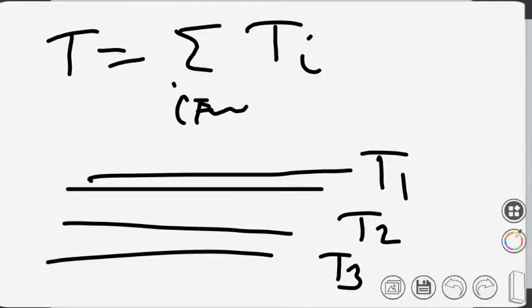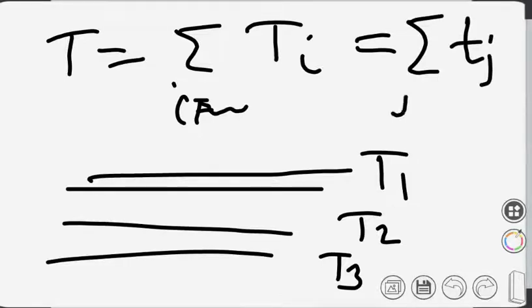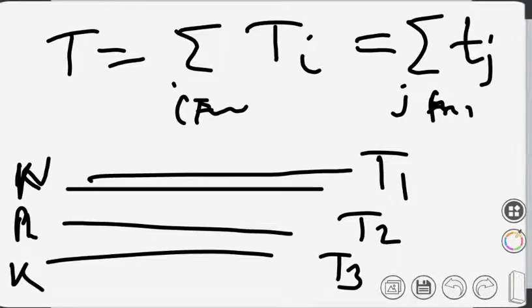That is capital Ti. It can also be written as summation of small tj, where j is for column. These were nitrogen, phosphorus and potassium for rows, and for columns it was A, B, C, D.